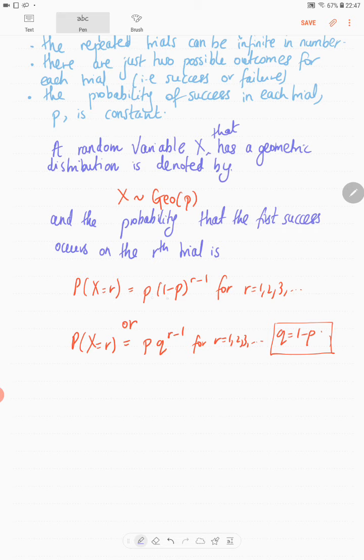It is P times 1 minus P power r minus 1 for r is equal to 1, 2, 3, up to infinity, the least value that r can take being 1. Or we can write it also as P times q power r minus 1. Q, as you remember, is 1 minus P.